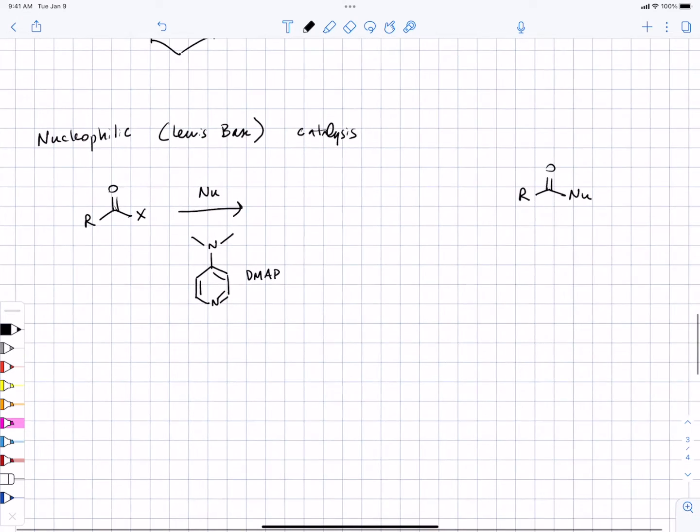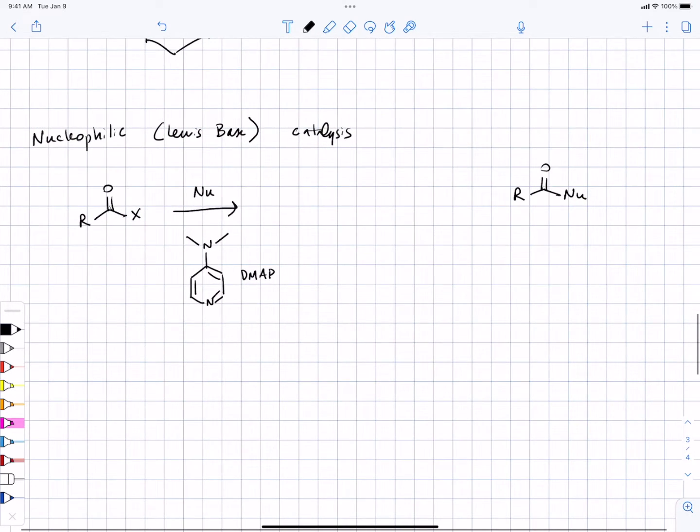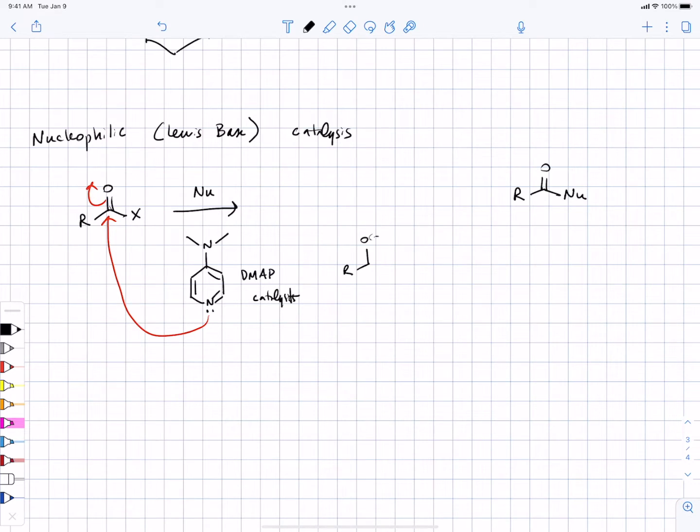DMAP. The idea is that before the nucleophile attacks, you have DMAP do the attacking, and that will generate a tetrahedral intermediate. Notice that because it's the pyridine group that does the attacking, you have a positive charge on the pyridine nitrogen.